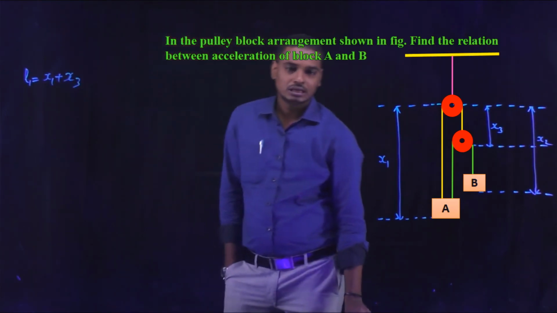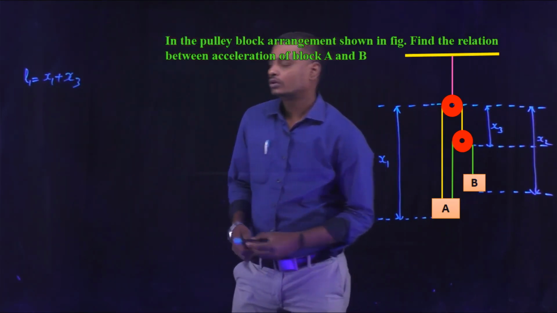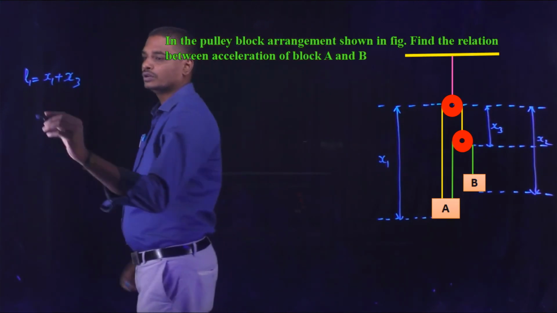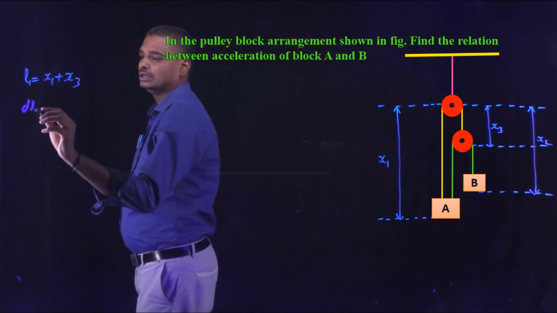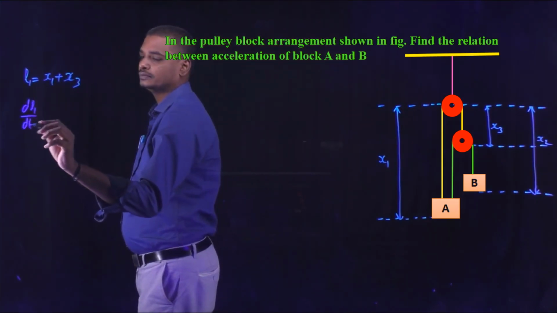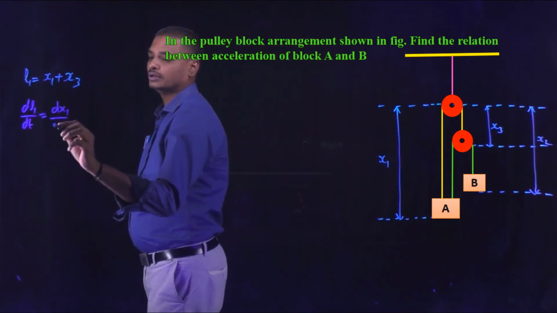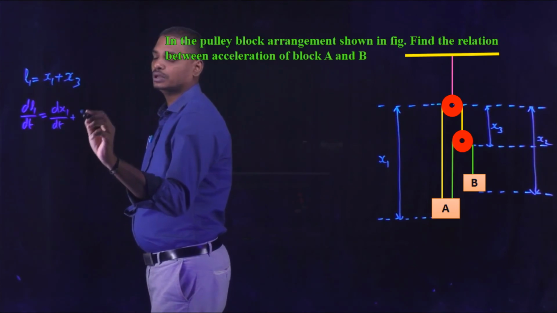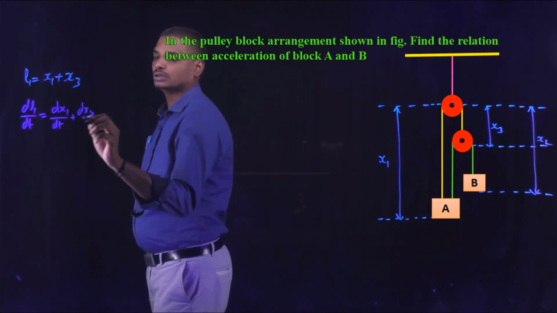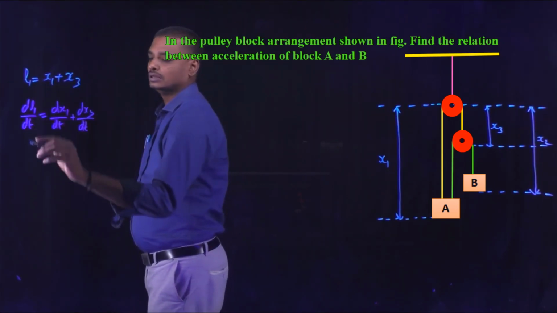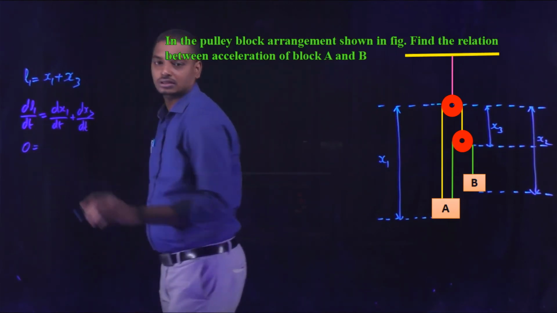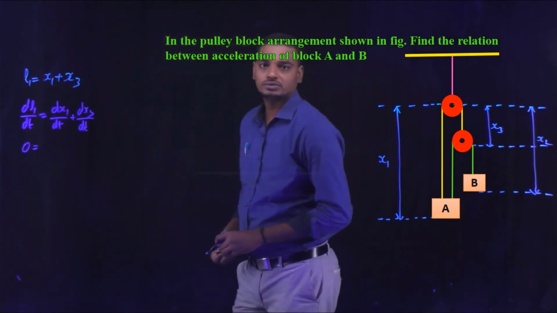Now differentiating with respect to time, we get dL1 by dt is equal to dx1 by dt plus dx3 by dt. dL1 by dt is 0 as the length of the string is constant with respect to time.